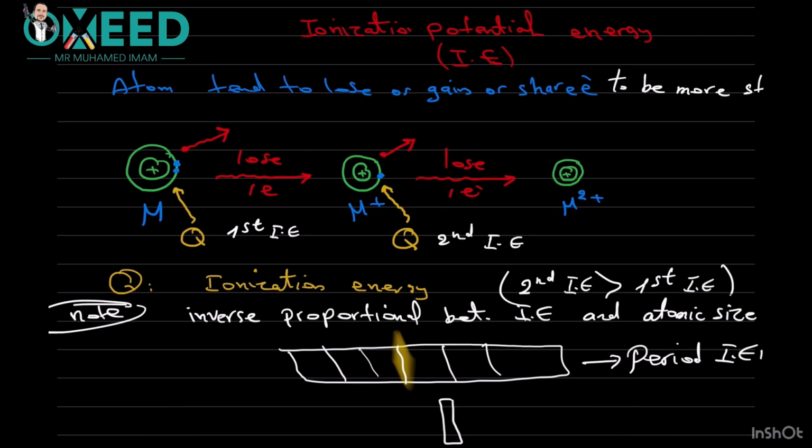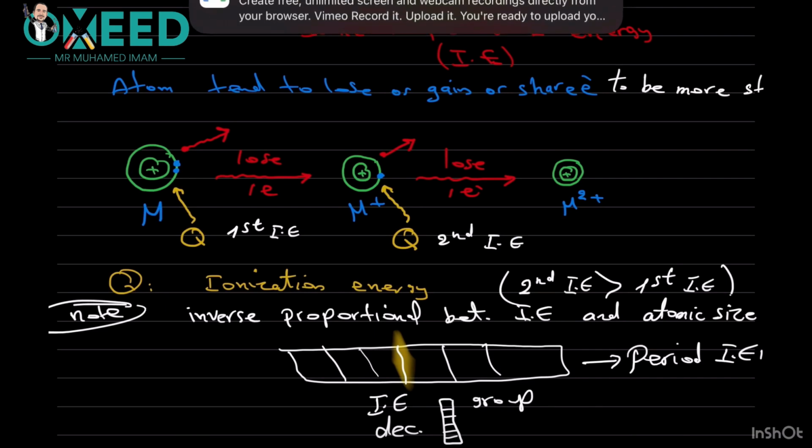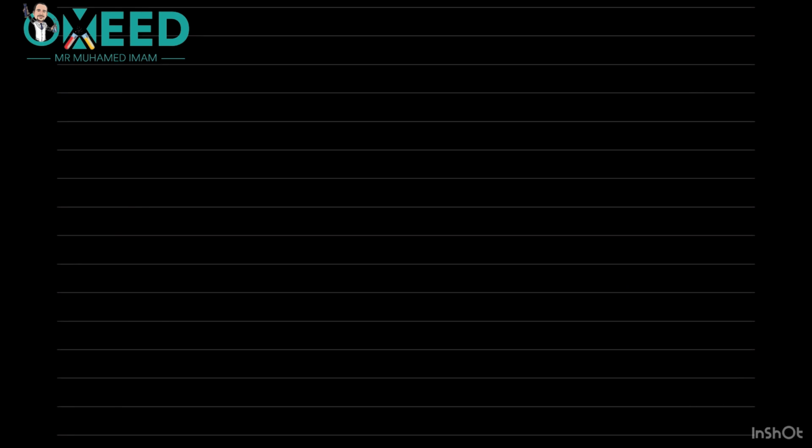But in the group, as there is an increase in the atomic size, the ionization energy will decrease. This is the first part of our session today. Let's move to the second part, which is the electron affinity.